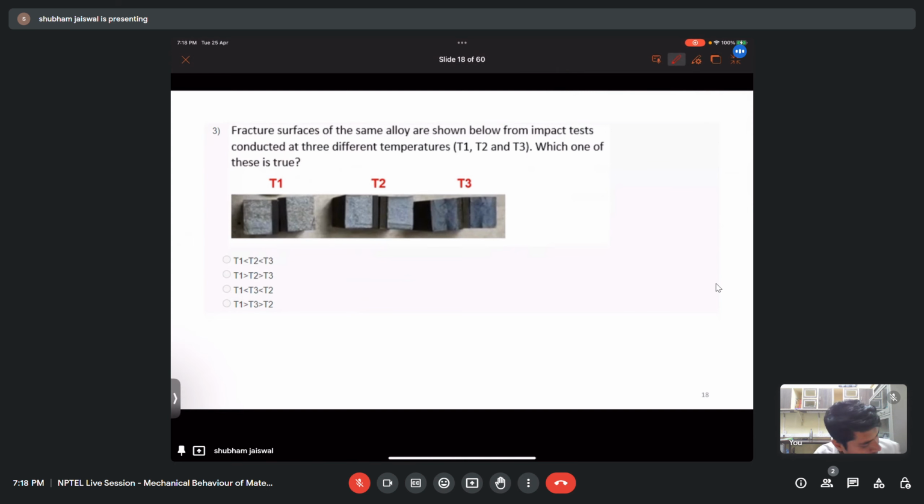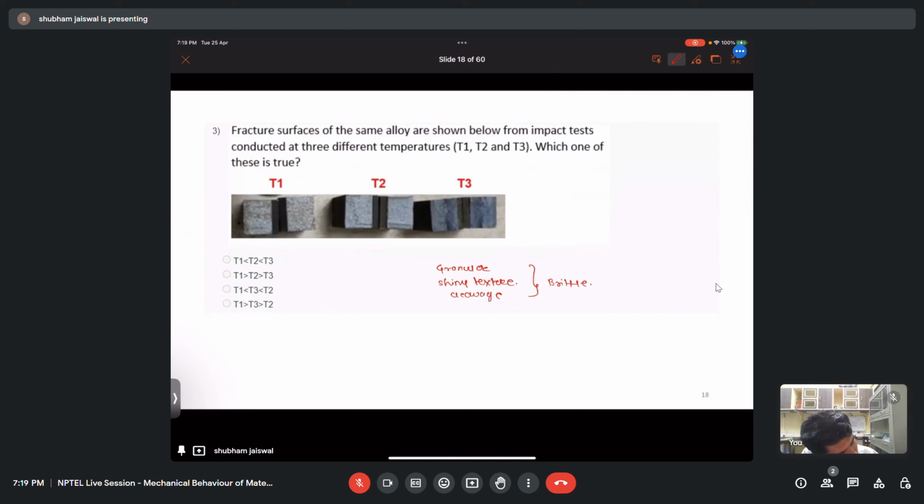So first I will write down how to identify brittle and ductile fracture. Okay, if it is granular and it has a shiny texture and it has cleavage, then this fracture is brittle fracture.